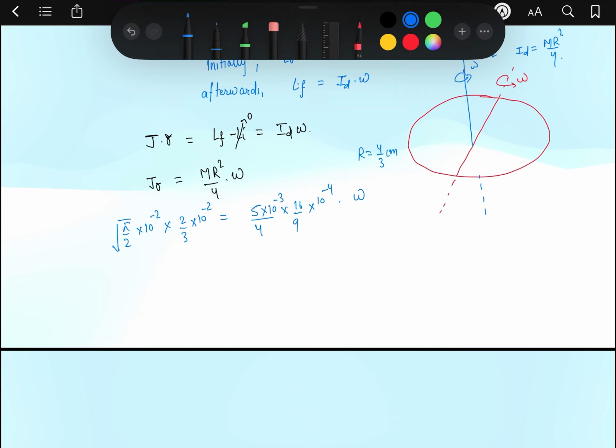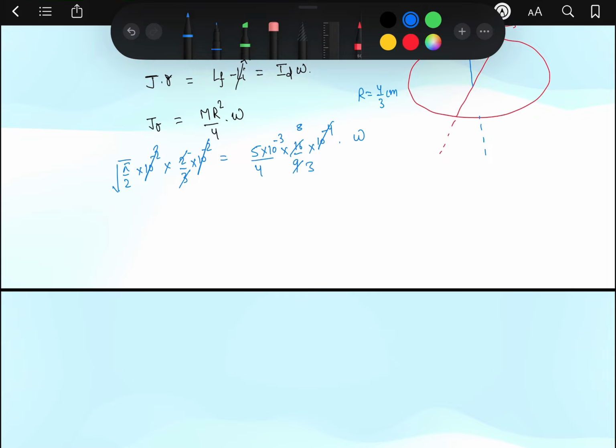Now let me cancel all the terms. This 10 to power minus 2 will be cancelled by this 10 to power minus 4, and this 3 will be cancelled by this 9, and this 2 will be cancelled from here. That will be equal to 8. Okay.